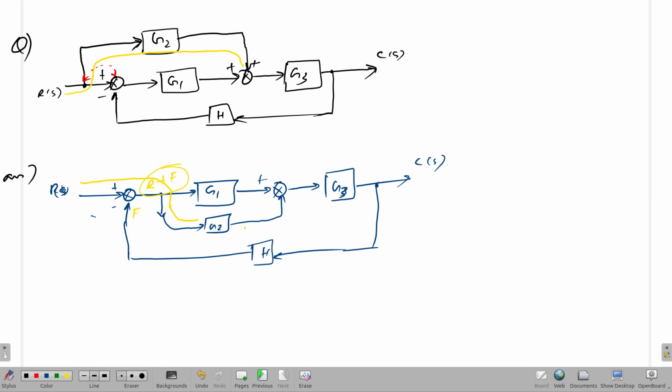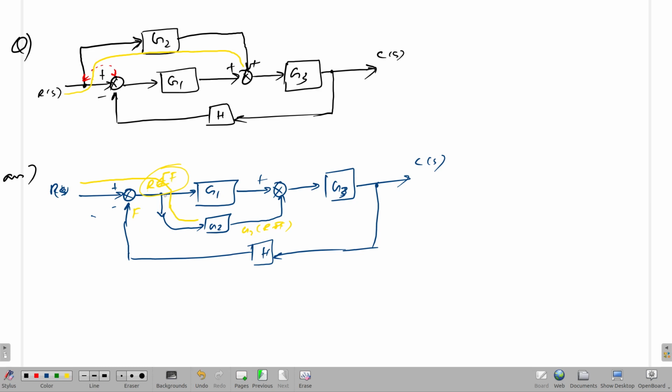So here it will be G2 into R plus F. That is an extra signal. Sorry, not plus, minus, R minus F, because it is a negative feedback. So that extra F is coming here, so we need to compensate for that. We need to remove this F.